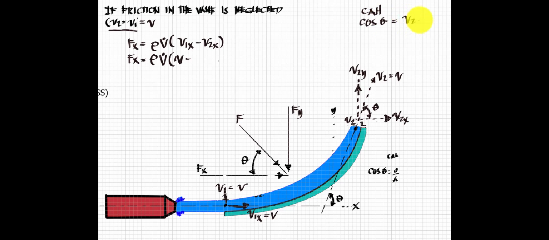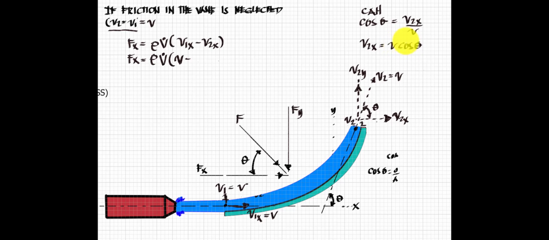We have your velocity 2x, divided by your hypotenuse, so that will be V. So we can solve now the value of velocity 2 at the x component: velocity 2x is now equal to V multiplied by cosine of theta.